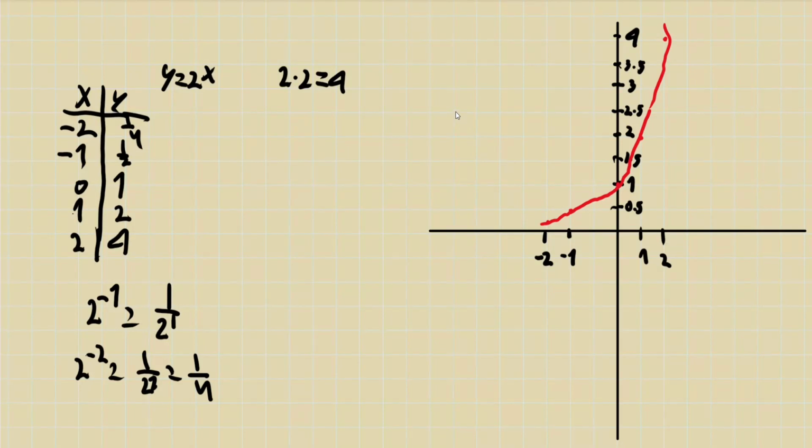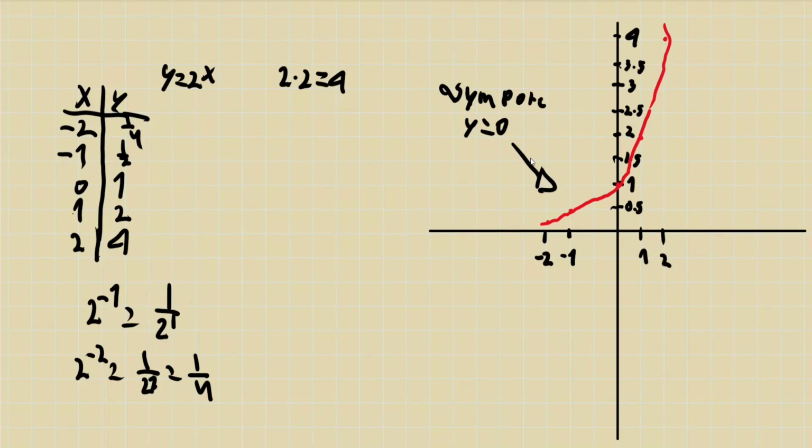So this asymptote is just equal to, let me spell asymptote. There we go. It's just y is equal to 0 because it never intersects the x-axis, right? So this is our asymptote right here.